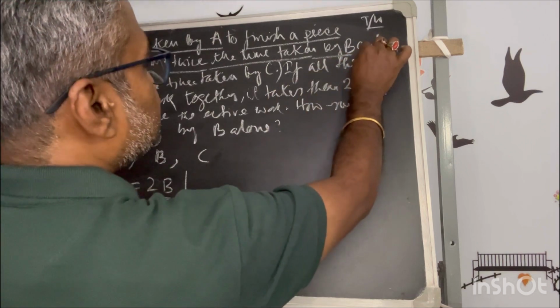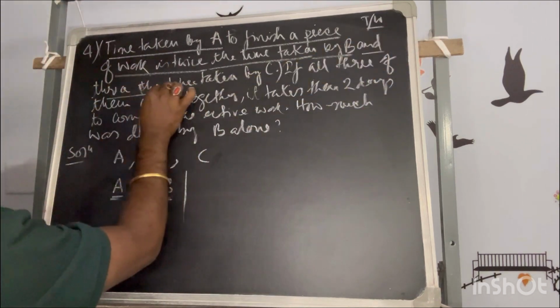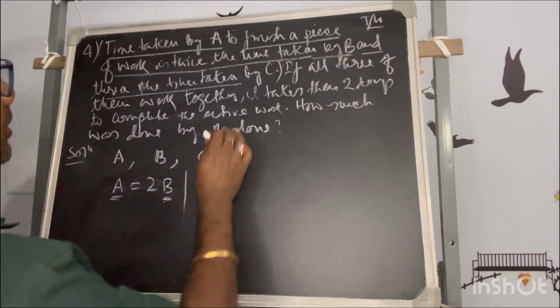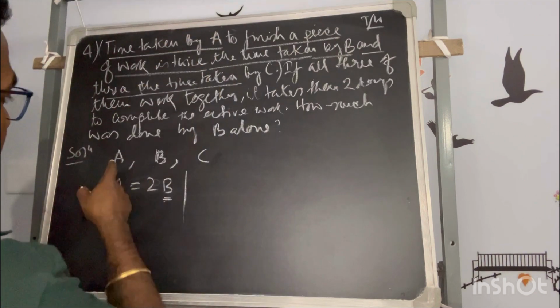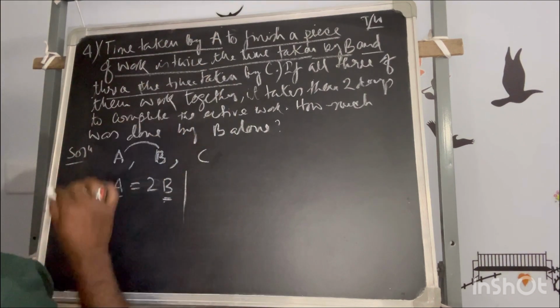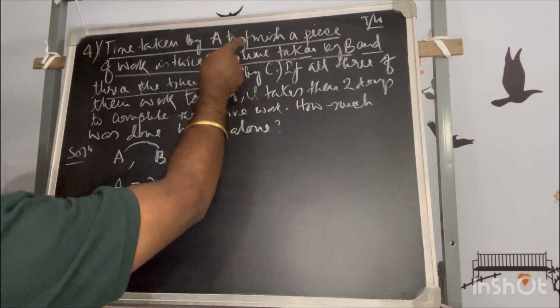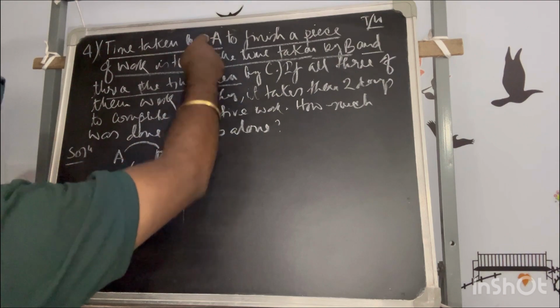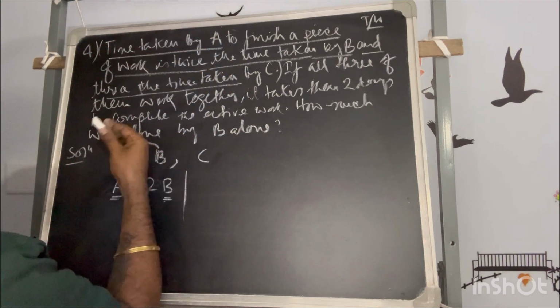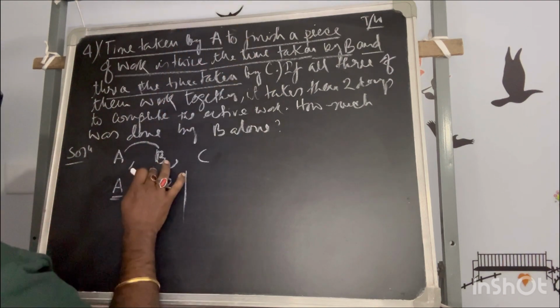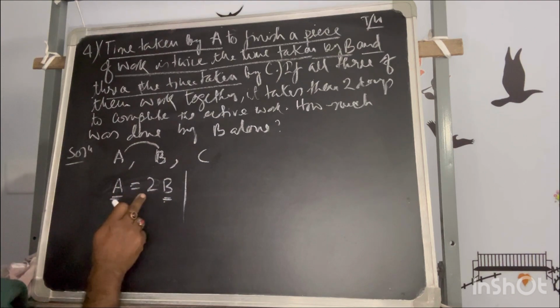And the next statement says twice the time taken by C. So again, in relation between A and B, whatever A has taken, B has taken, A has taken twice B. So between A and B, A is equal to 2B.